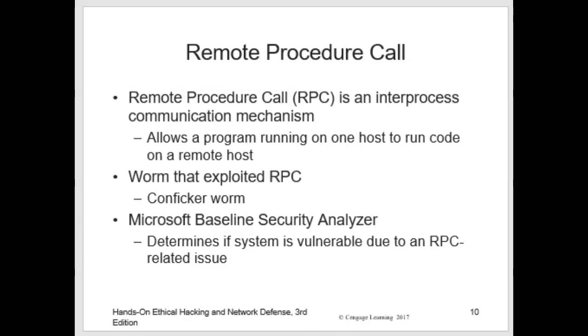It self-replicates, we've talked about. This took advantage of a vulnerability in the remote procedure call to run arbitrary code on some susceptible host. Now, Microsoft had patched that in 2008, but notice what happened. The Conficker worm hit a month after that patch.